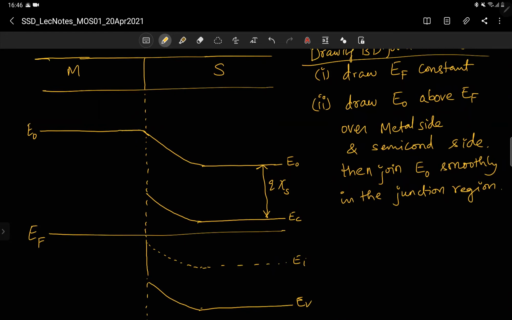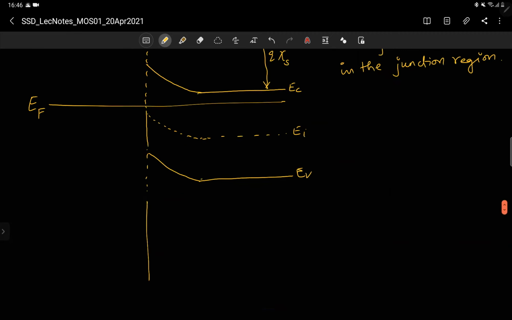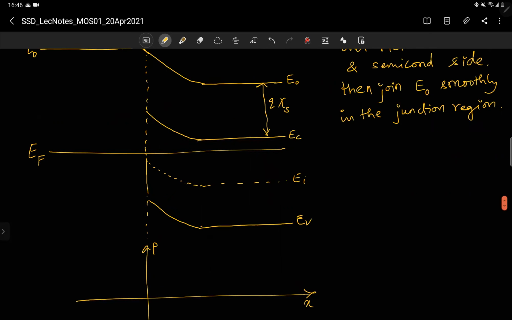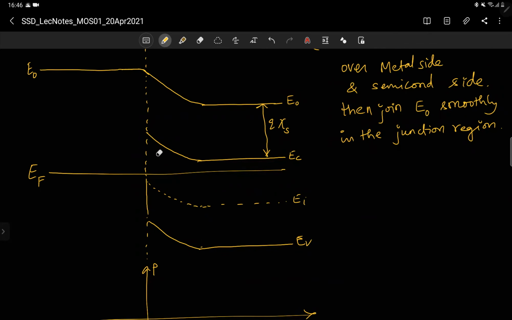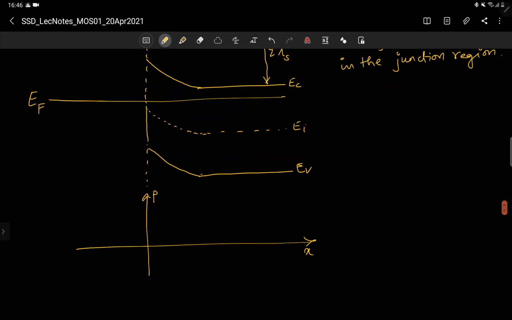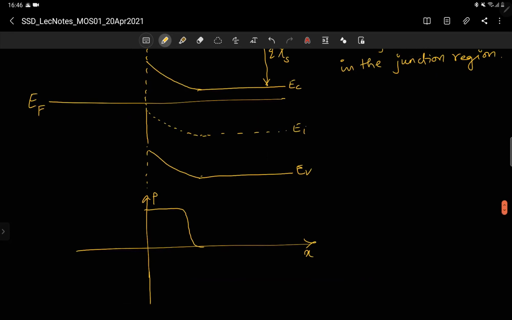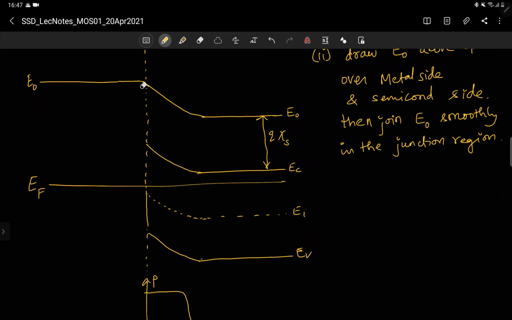Now clearly, if you draw rho as a function of x, you see that it is n-type doped, and EC minus EF, the difference, is increasing towards the junction. So there is a depletion here. There will be positive charge in the semiconductor like this, and corresponding negative charge in the metal, and for that metal negative charge, you see that E naught minus EF, this difference has come down.